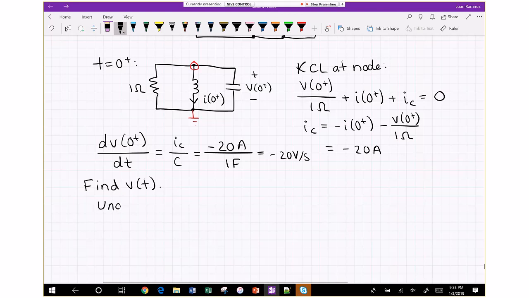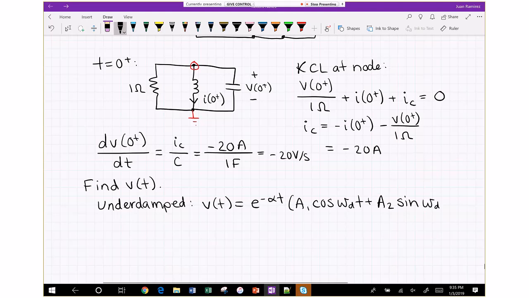Let's remember it's underdamped, which means the voltage will look like this. All right. We know our value for the damping factor, alpha, 0.5.